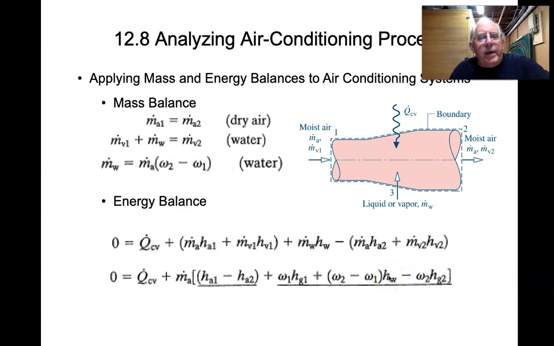So what we have in that second equation is the energy balance, and it's associated with what's happening to the water that's either coming in, flowing out, being brought in or taken out, as well as what's happening to the dry air component.